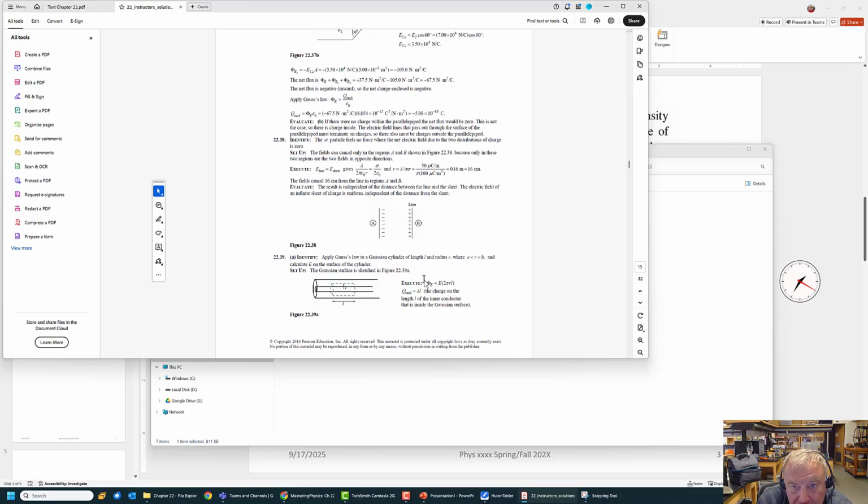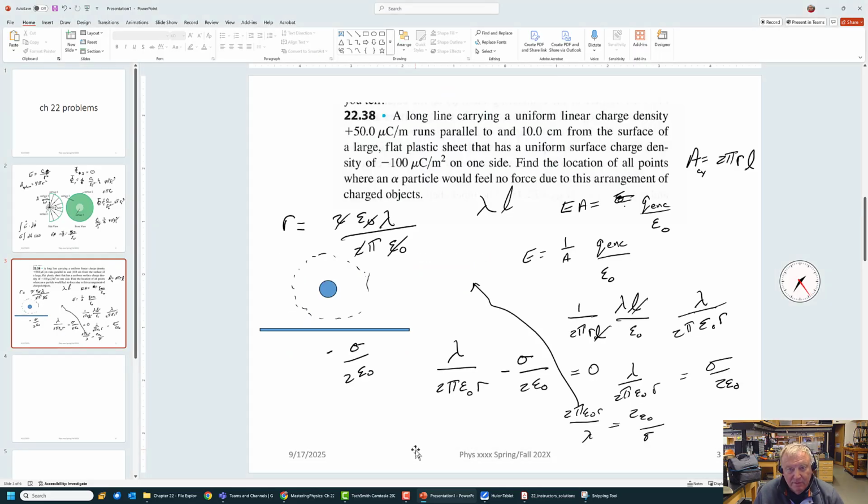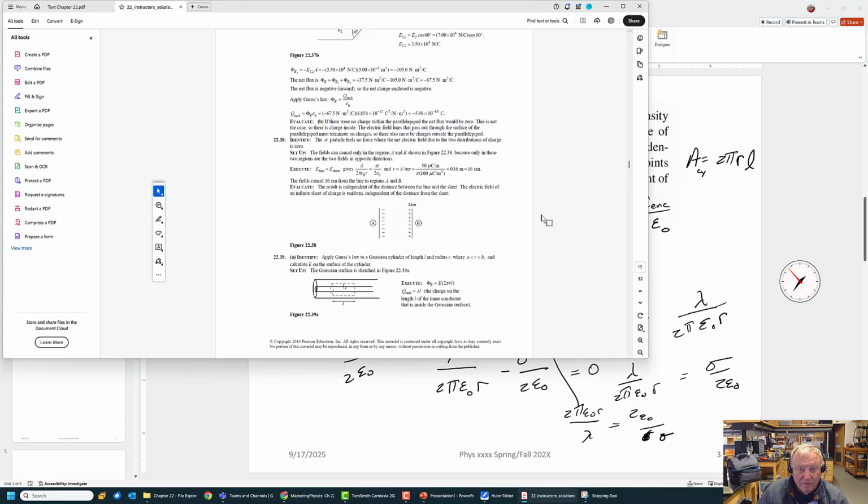Lambda over pi sigma. What did I say? Lambda over pi, oops, that's right. What happened to sigma? Oh, that's here. It's just messy. Huh. Yeah, it doesn't matter where the wire is. Isn't that interesting? Okay.